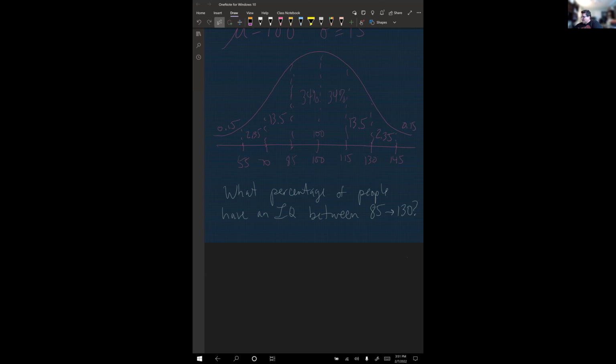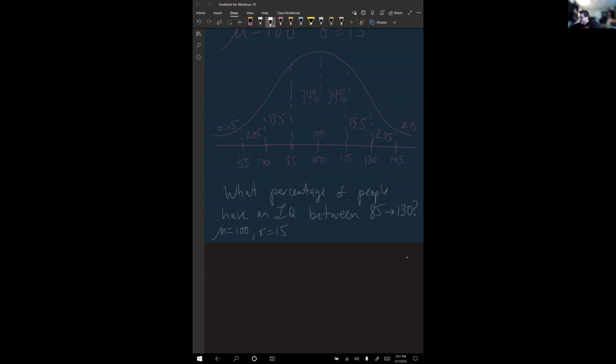And so they'll tell you, and it may not be IQ, but they'll tell you the mean is 100. They'll tell you what the standard deviation is. They might give you different values. But your goal is to figure out how many deviations these are away so that you can draw this chart and get the percentages.